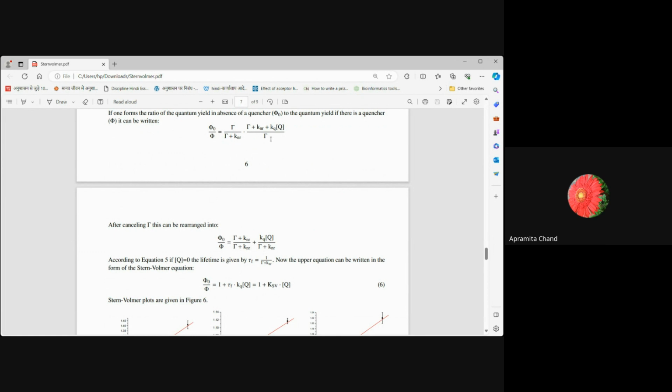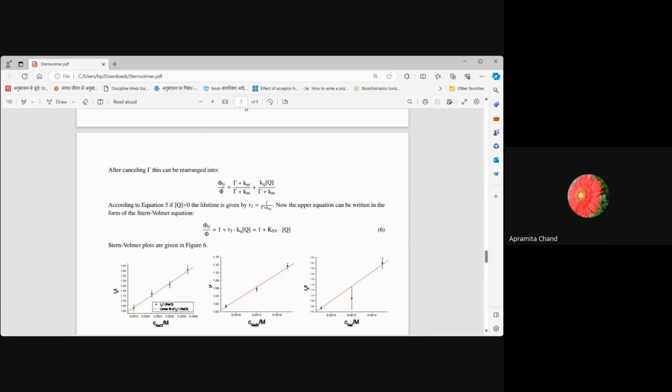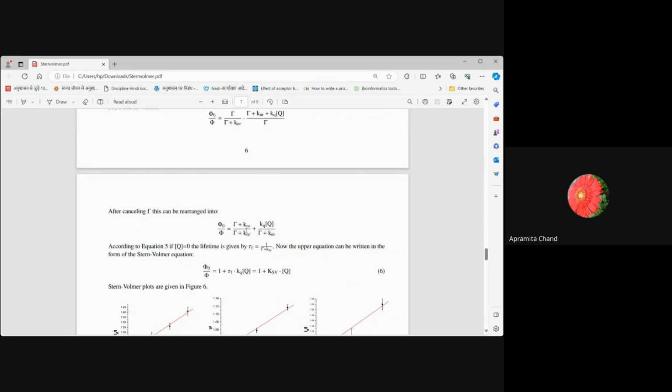So finally you can write phi_0 by phi as (k_e plus k_nr plus k_q Q) divided by (k_e plus k_nr). Now this reduces to 1 plus the quencher term. If the quencher concentration is 0, the lifetime will be given by 1 by the rate constant of emission plus the rate constant of non-radiative decay.